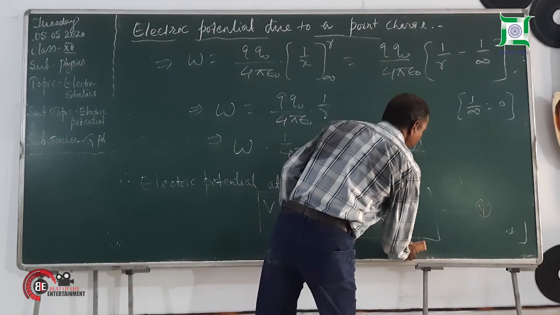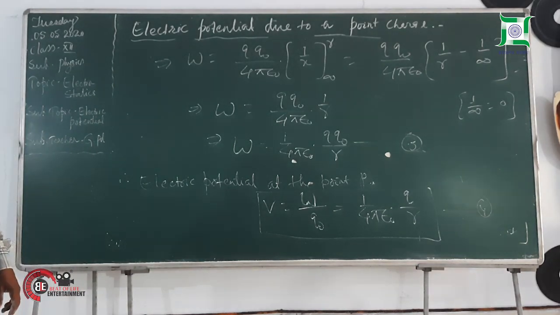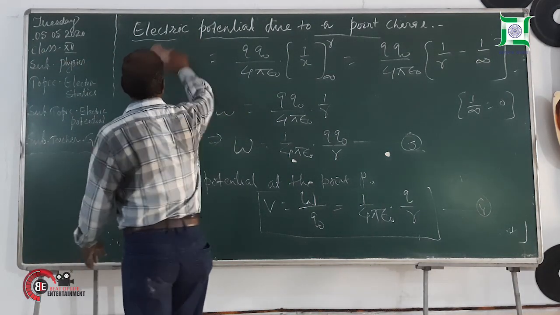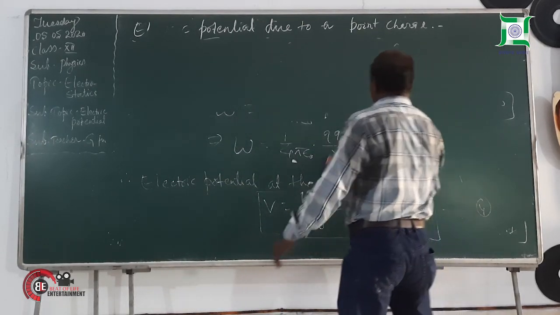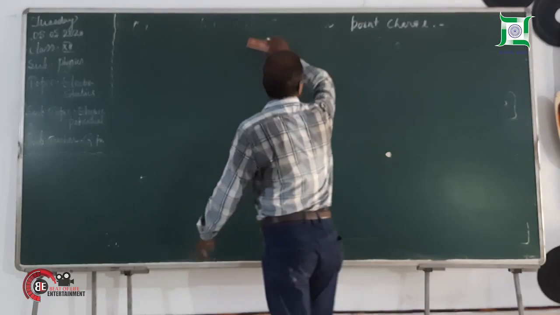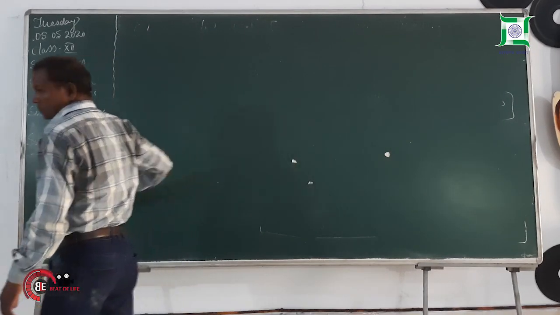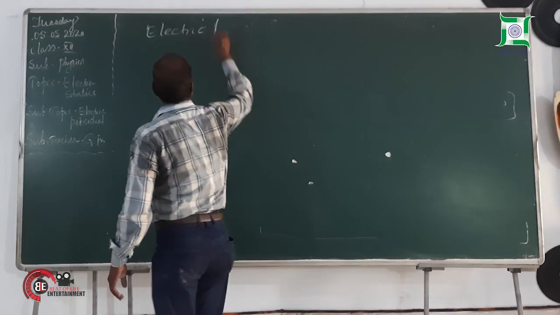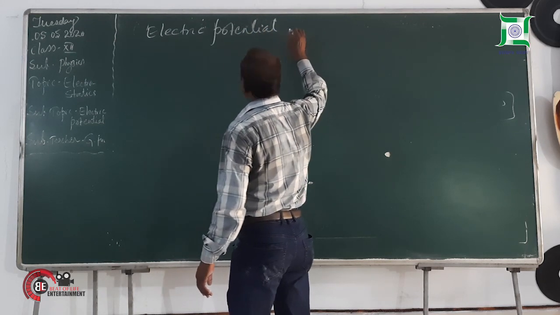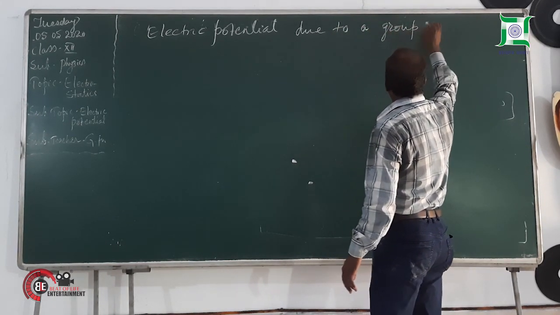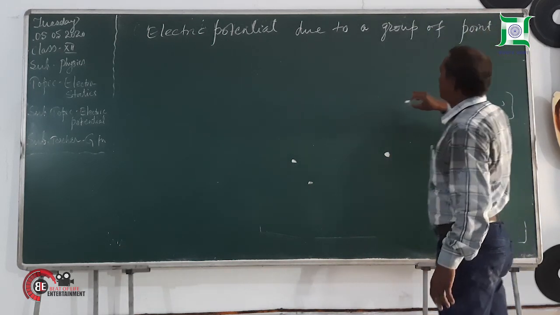Question 4. Let us calculate the electric potential due to a group of point charges.